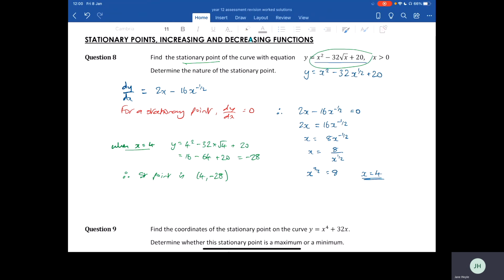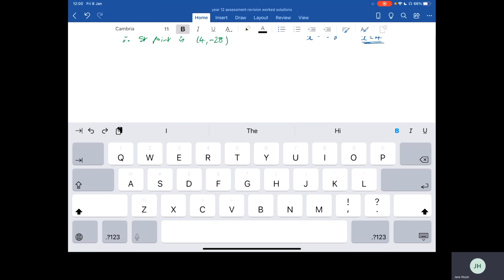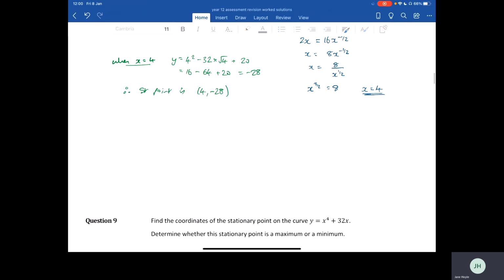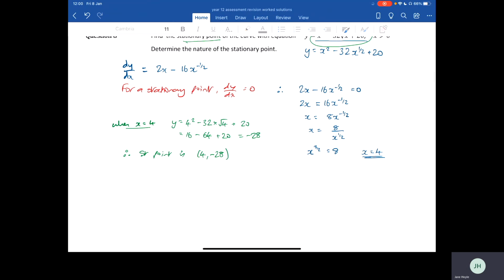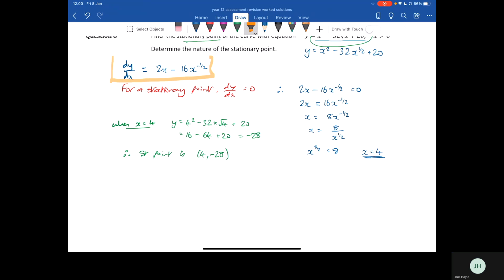Determine the nature. What we've got to do here is find the second derivative. So if I go back to my dy/dx, which is here, I need to differentiate that again. So we need d2y/dx squared.